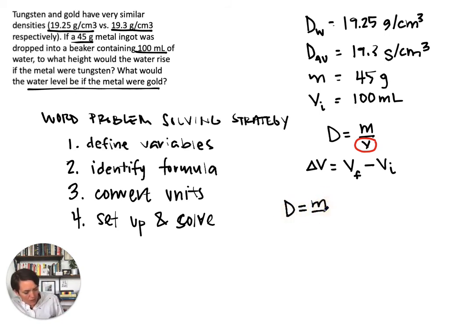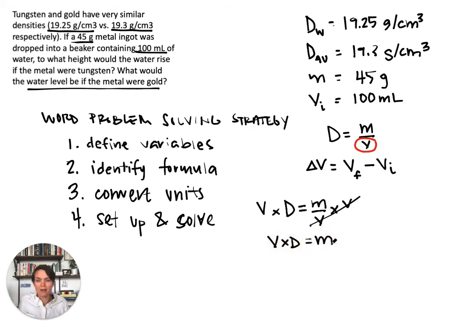So we know in order to solve for volume, we're going to want to isolate it on one side of the equal sign. If it's in the denominator, we first need to get it out of the denominator. So the way that we're going to do that is multiplying both sides by volume. So my volumes cancel out on this side, and we get volume times density is equal to mass.